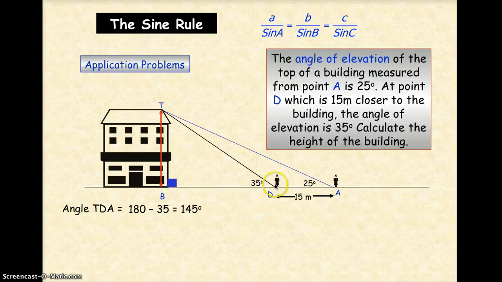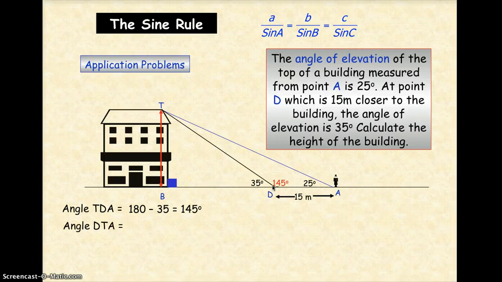Okay, after getting the angle here, you now have enough information to use the sine rule. You have two angles and a side. Okay, so that's your angle.